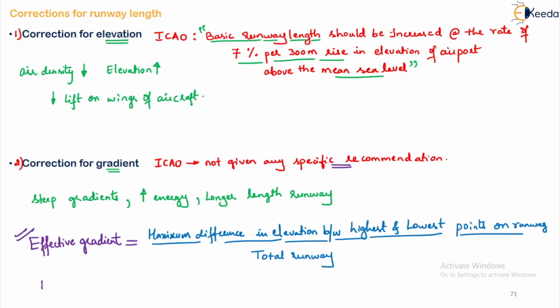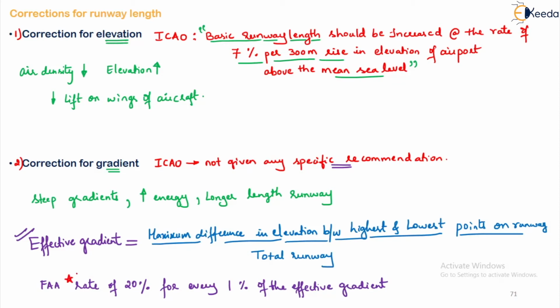Now according to the FAA, the Federal Aviation Administration of the USA, the runway length after being corrected for elevation and temperature should further be increased at a rate of 20% for every 1% of the effective gradient.